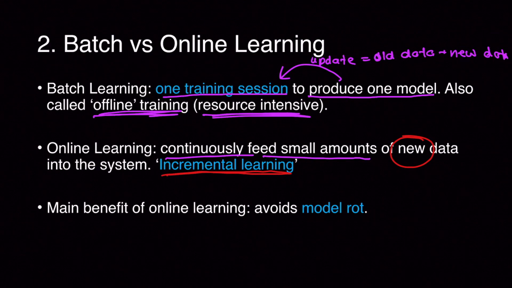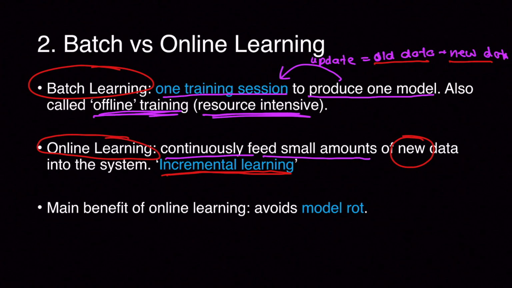Every time you have some new data that you'd like the model to acknowledge, you add just that new data. And you can keep updating the system every single time instead of having to retrain everything based on both the old and new data. So batch learning takes hours. Online learning, you just take the new data and add it to the system.